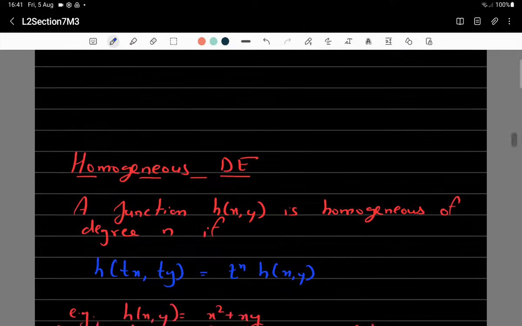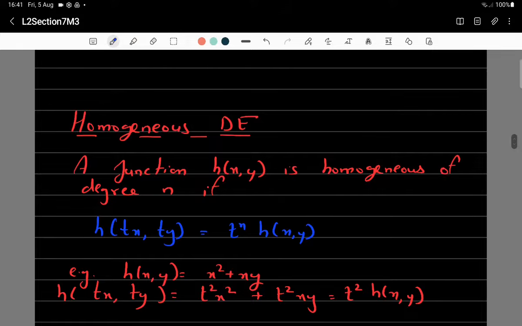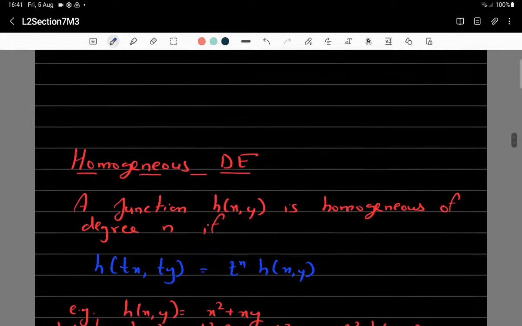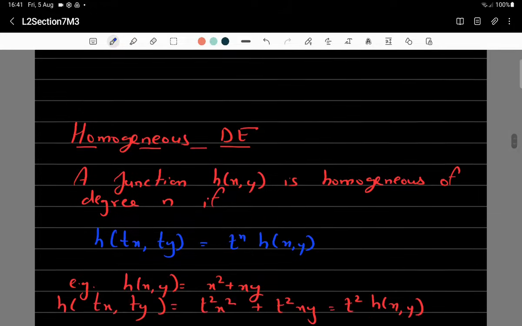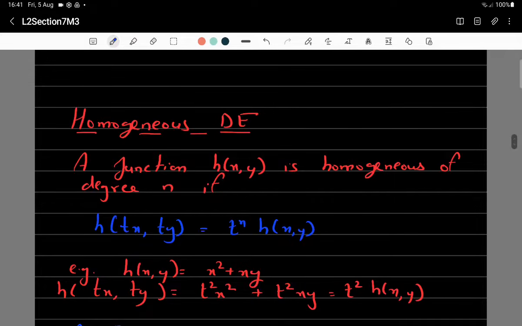Let me give you an example. If I consider h(x, y) = x² + y², and now if I replace x by tx, y by ty, then h(tx, ty) becomes t² h(x, y), which means that the function x² + y² is a homogeneous function of degree 2.